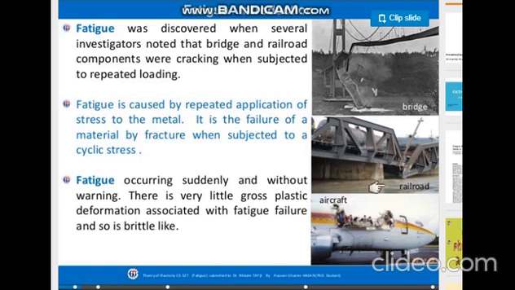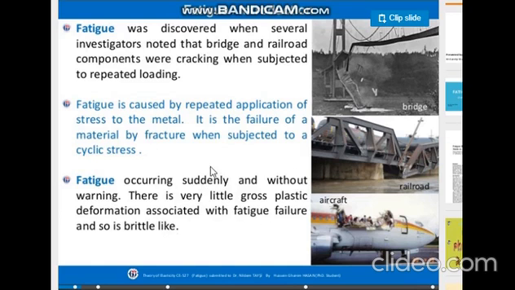This railroad bridge collapsed like this. It broke. What they noticed is that fatigue occurs suddenly without warning. There is very little plastic deformation associated with fatigue fracture, so it is like a brittle fracture.